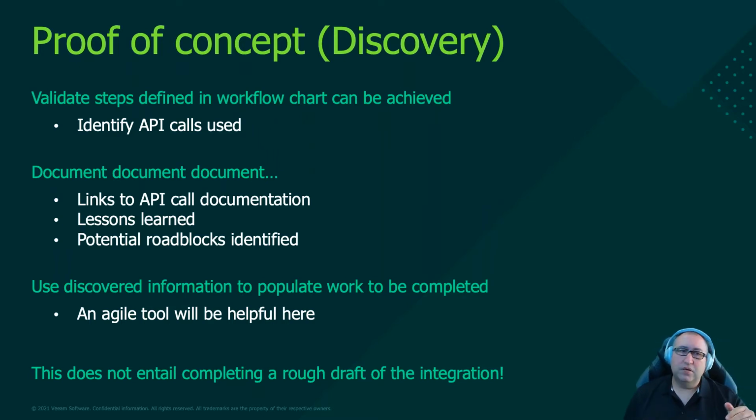And it's in this section where, whenever you're documenting all that, you're also going to start defining what work needs to be completed for this entire project. So you learn all the different API calls that are used, the different steps, okay, and you start divvying out that work.